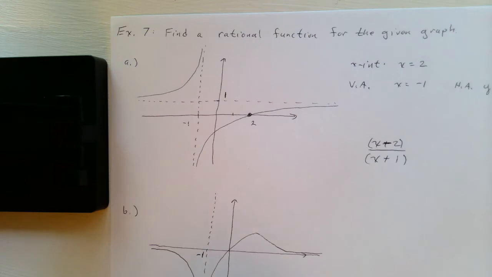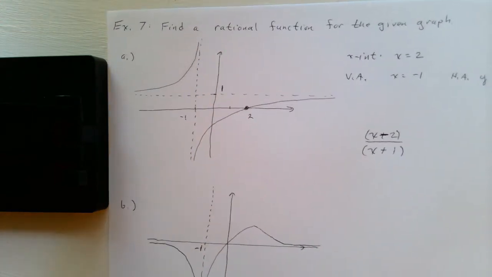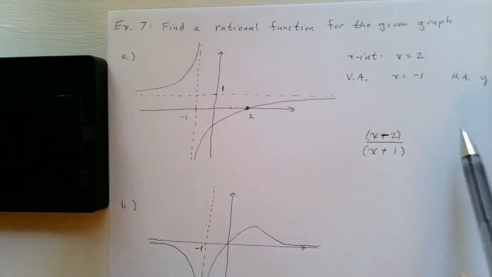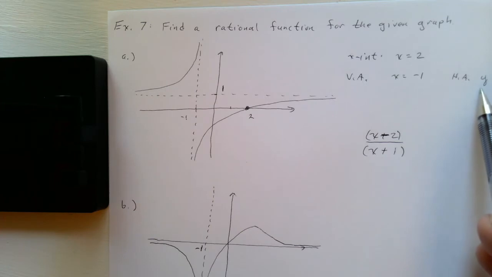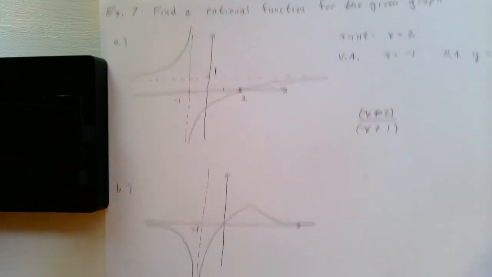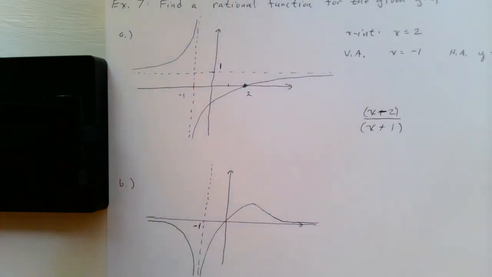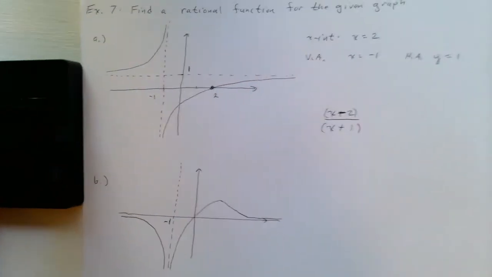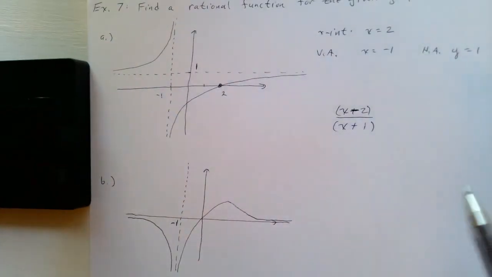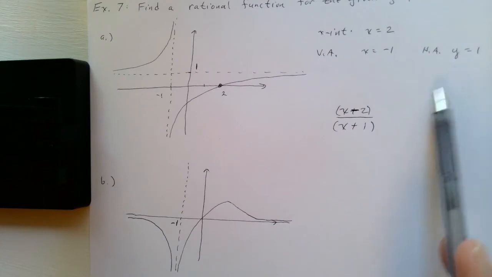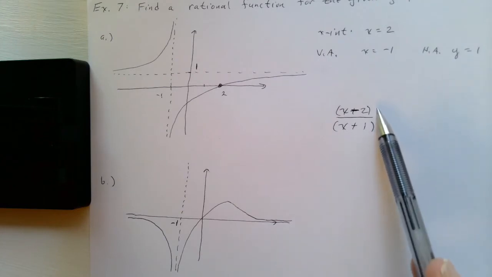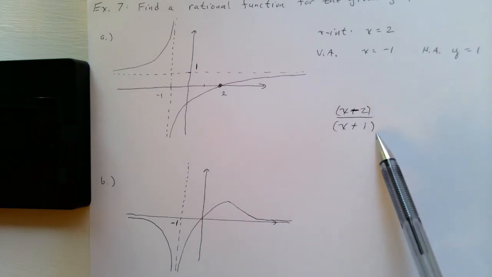Okay. And then we just have to check, okay, the fact that we have a horizontal asymptote, which is not the x-axis, means the degrees of the top and bottom are the same. So then, in fact, they are. Okay.